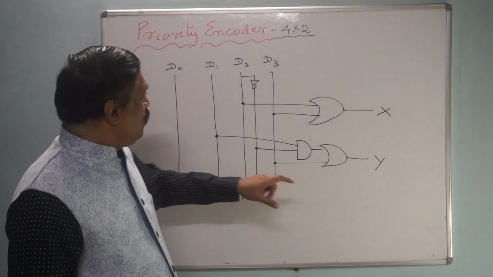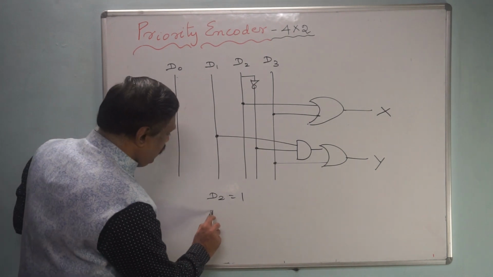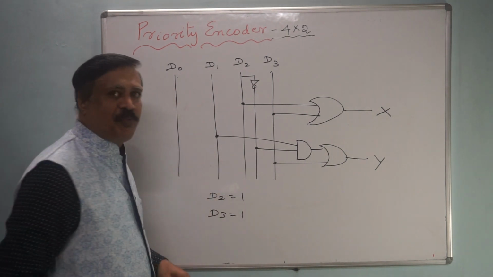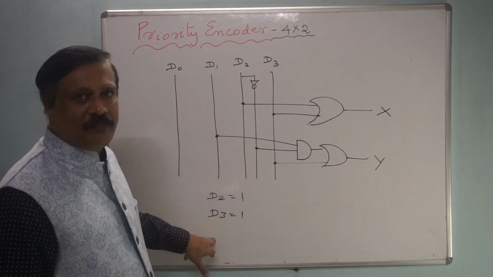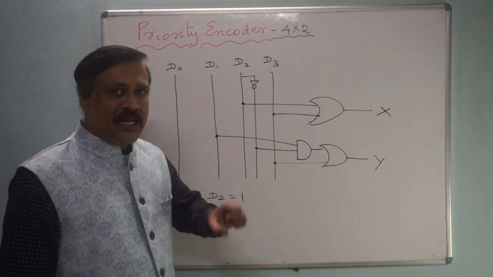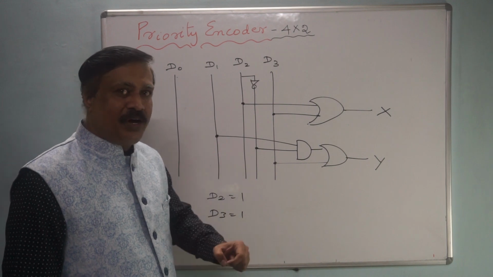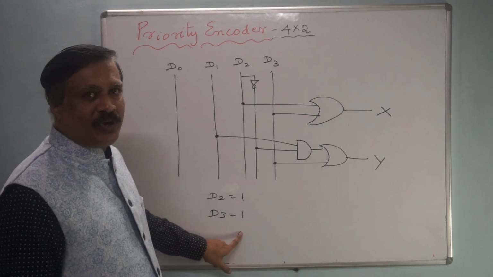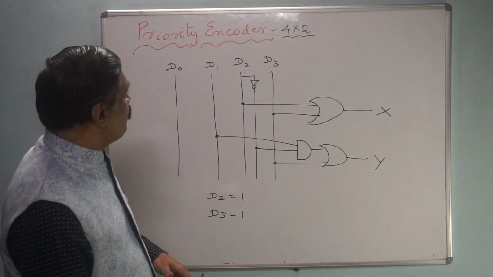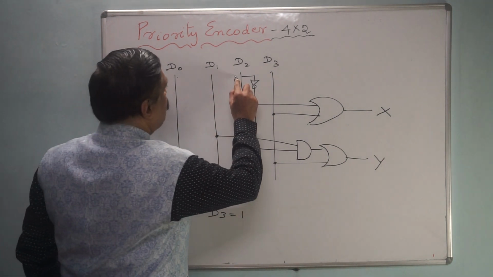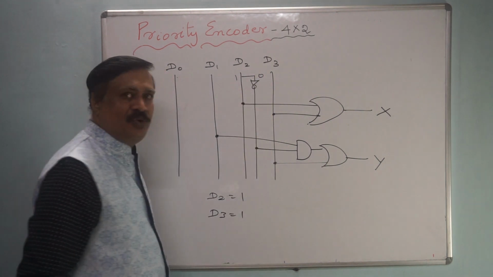Now D2 and D3 are 1. This is very important. D2 and D3 are 1. Now it should give priority to D3 only. Let us check how it does. Now D2 is 1 means this is 1, this is 0.